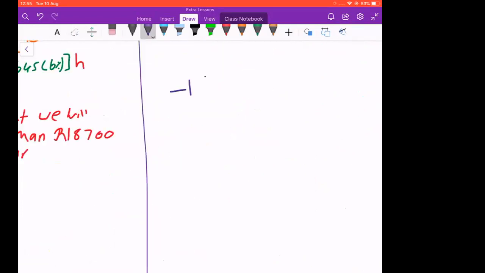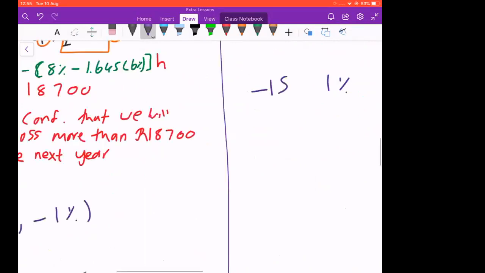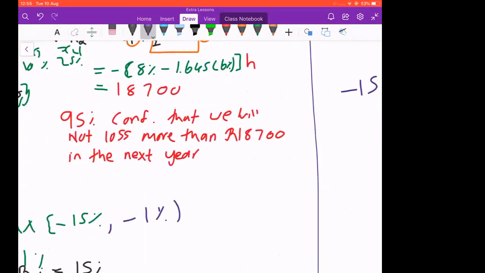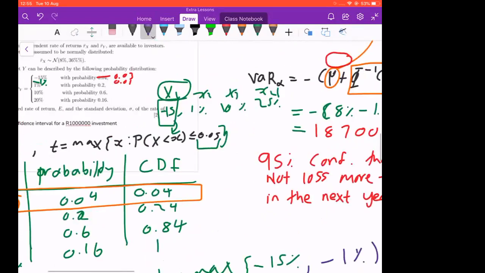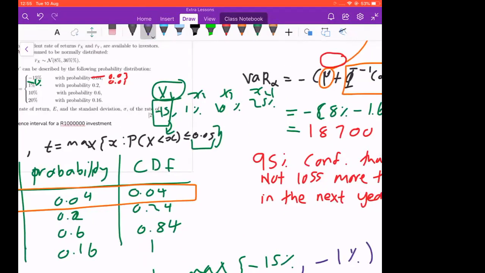So we have negative 15 with 1%, then 10, and then 25, if I remember very well. Negative 15, 1, 10, 20. Okay, 4, 20, 60.